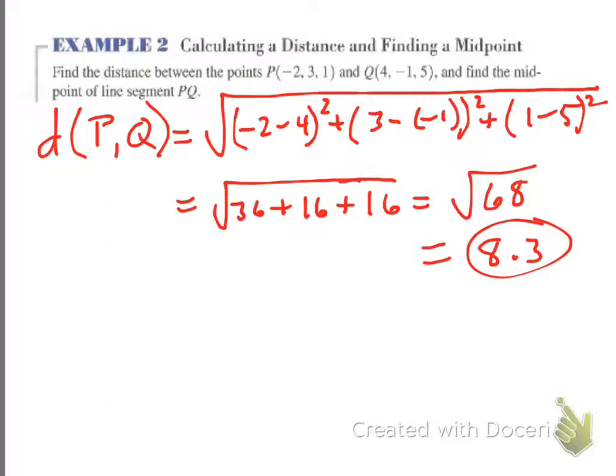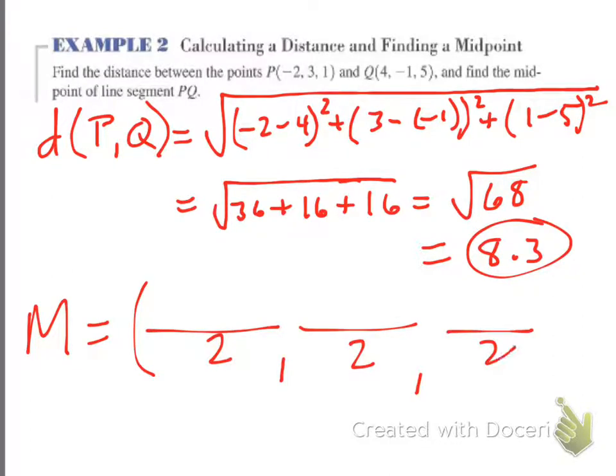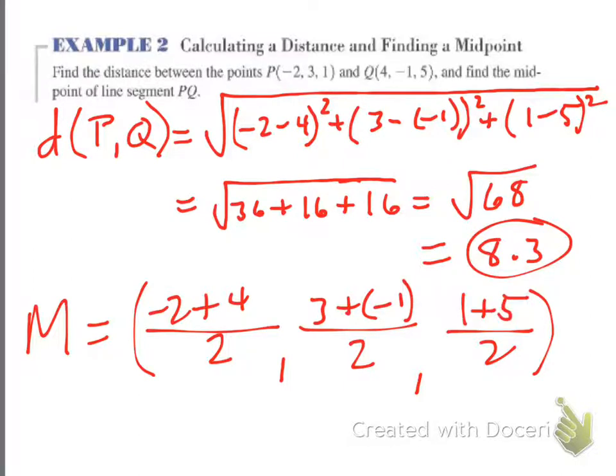Now the midpoint: you have all these divided by 2. So add the x's, add the y's, add the z's. So your midpoint is 1, 1, 3.